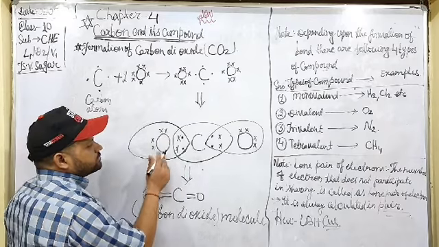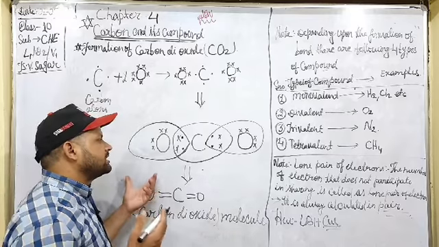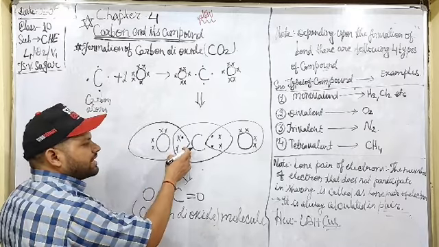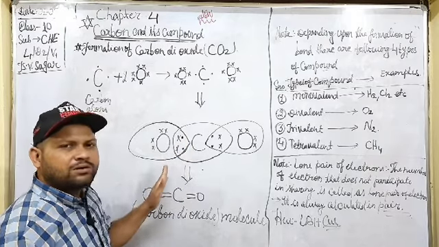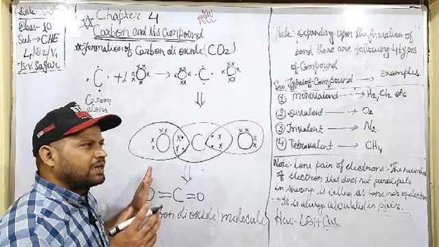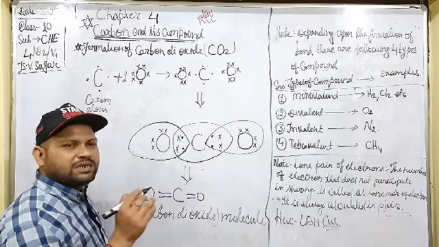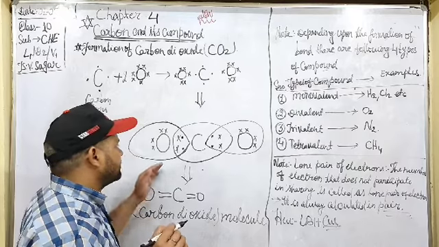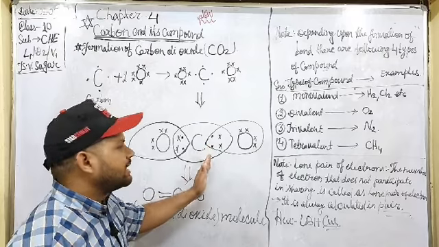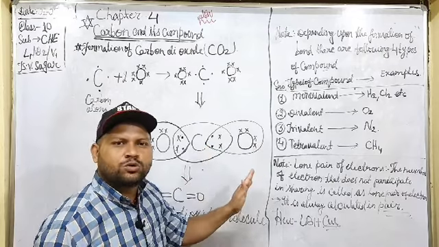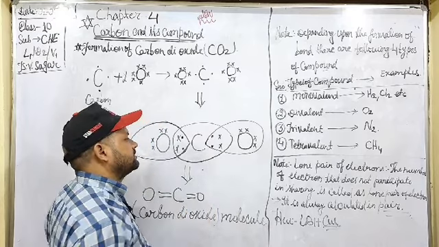Here the 6 electrons of oxygen require 2 electrons to complete its octet, so it shares its electrons with carbon. 2 electrons of carbon are shared with the 6 electrons of oxygen, so that oxygen can complete its octet. Now another 2 electrons of carbon are shared with the 6 electrons of the second oxygen. Here the second oxygen, here the first oxygen.